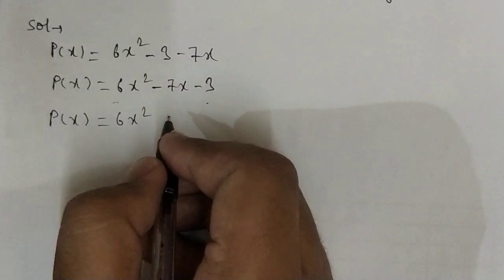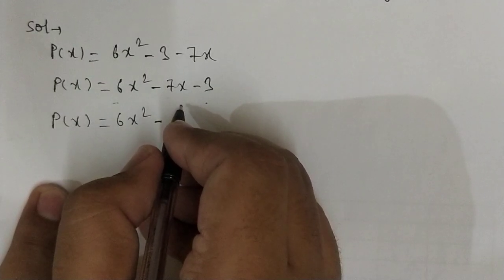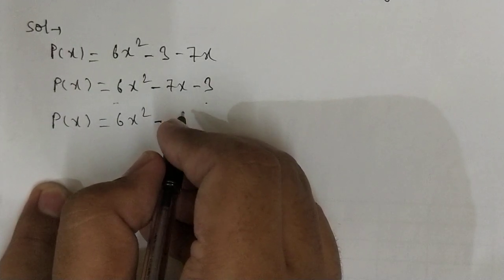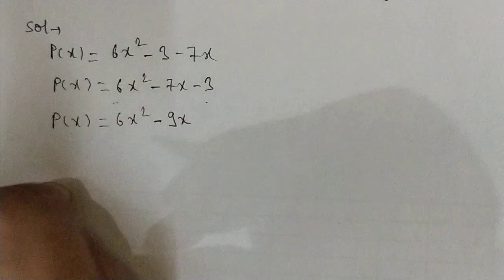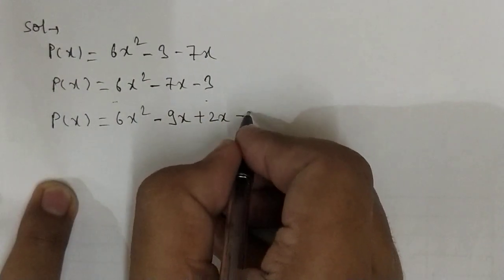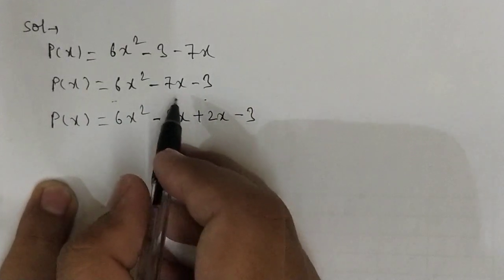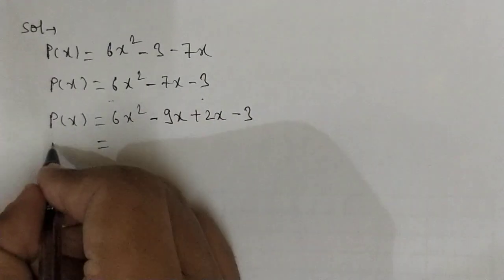Can you think of the two numbers? 9 and 2. Yes, you have to take 9 and 2. So 6x square minus 9x plus 2x minus 3. Check: minus 9 into 2 is minus 18 and minus 9 plus 2 is minus 7. So you can split the middle term.